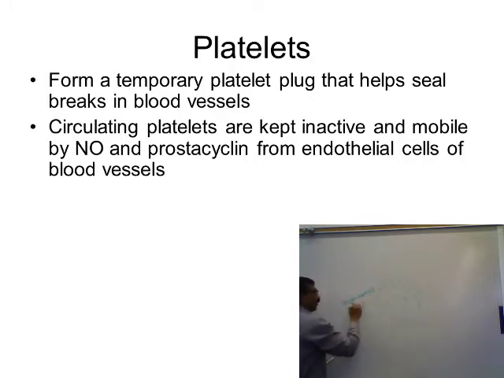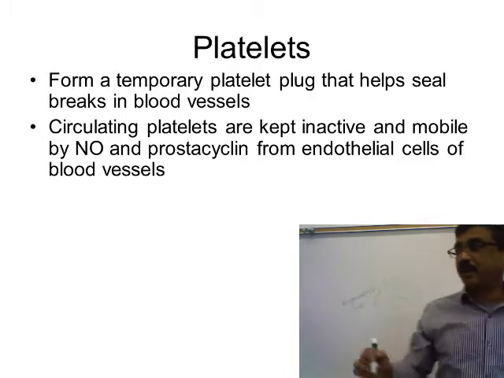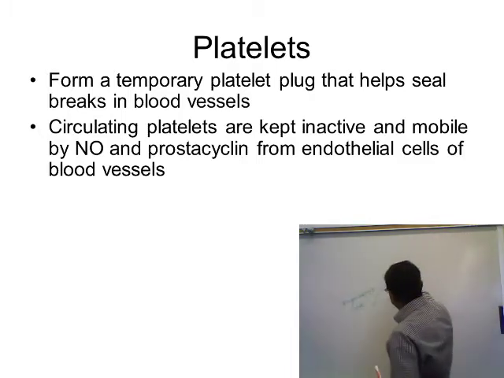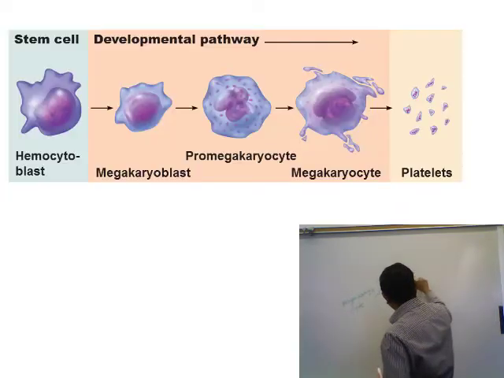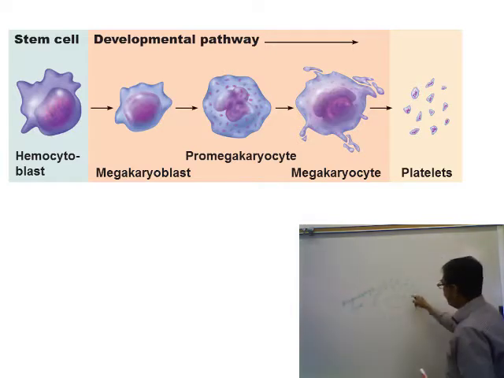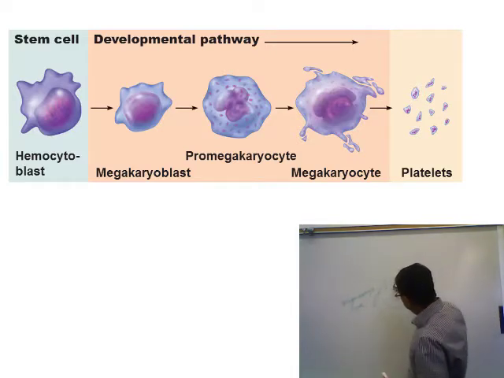Megakaryocyte. Mega means large, right? So this is a megakaryocyte, a big cell, and what happens? A small part of the cell membrane gets detached from the main body. You know we have cytoplasm inside the cell, and a small part of cytoplasm and some granules.